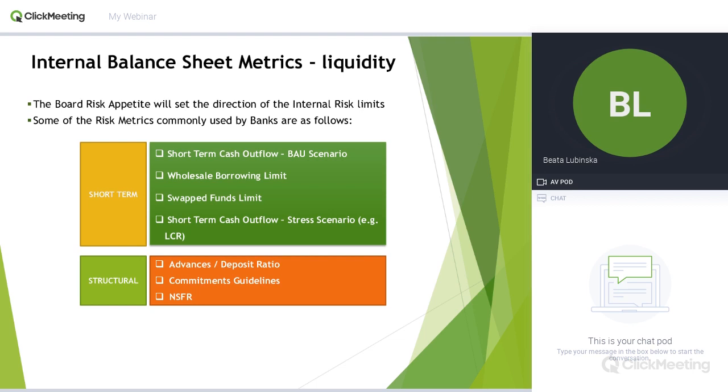So you divide it by different time buckets, we'll see it later. And then in the short part, definitely within the first 30 days or 45 days or whatever time frame you decide to apply to your bank. So this survival horizon is the time frame which needs to be covered fully, or even higher than 100%. It's 120, it's 130. Some banks even have 200, and I've seen some who had 600.